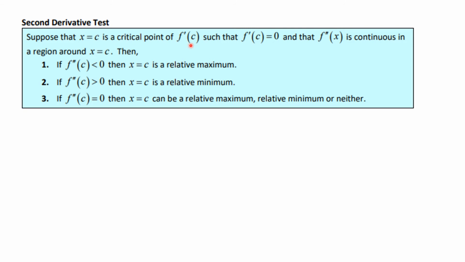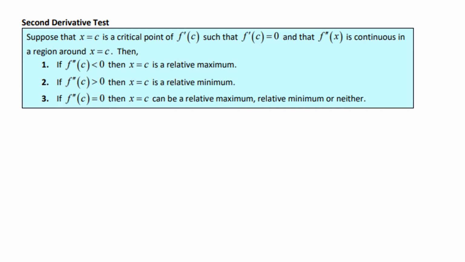You see, if f prime of c didn't exist, then you couldn't take a second derivative because there wouldn't be a first derivative. So that's another case where the second derivative test is not going to apply. But anyway, we look at the critical points of the function where it's equal to 0, and we are then going to use the second derivative test.